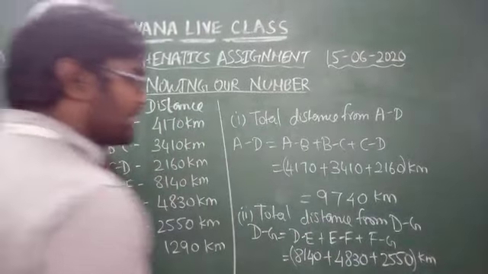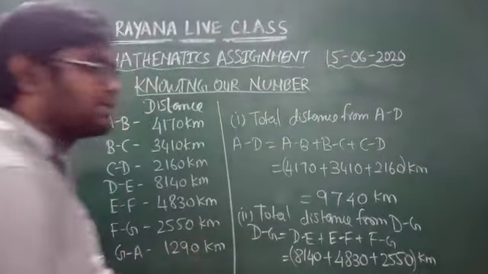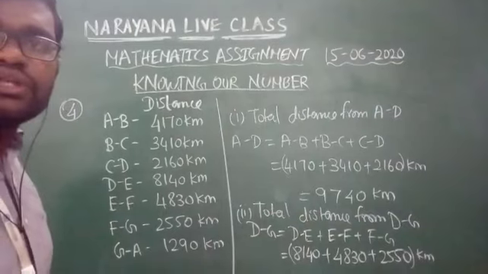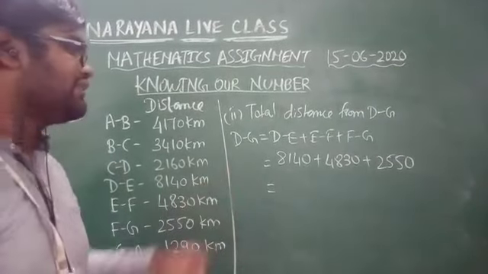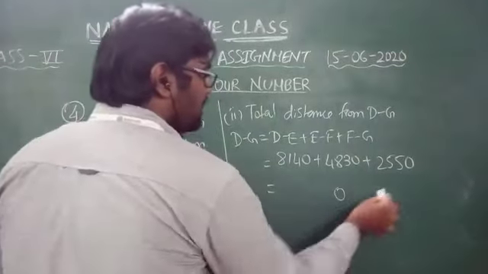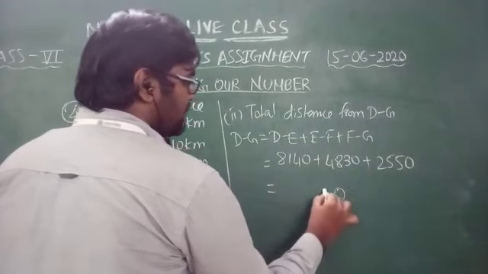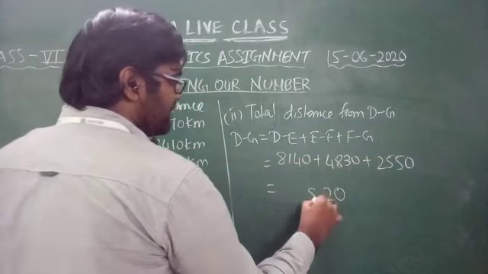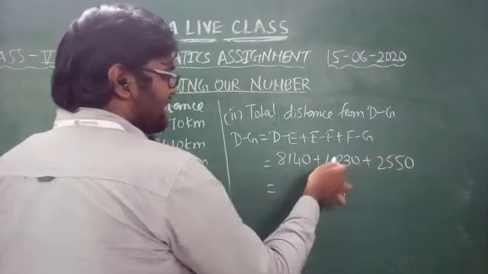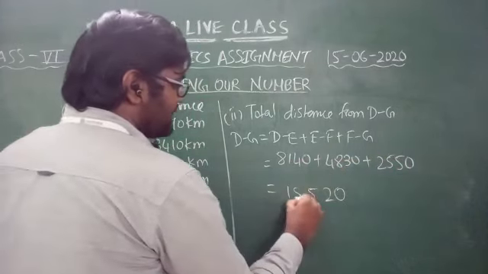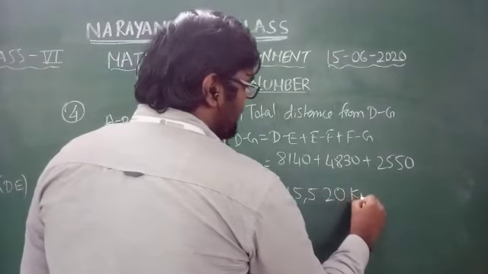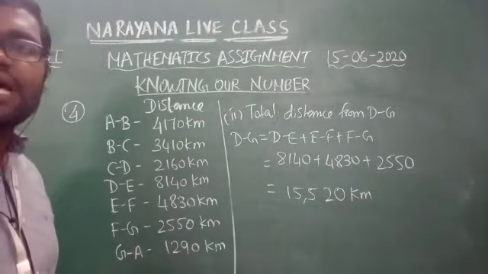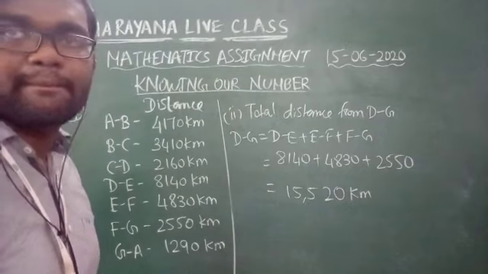If you add everything: 0, 5 plus 3, 8. 8 plus 4, 12, carry over 1. 6, 6 plus 8, 14. 14 plus 1, 15, carry over 1. 3, 3 plus 4, 7. 7 plus 8, 15. So 15,520 kilometers. This is the answer for the second subdivision.